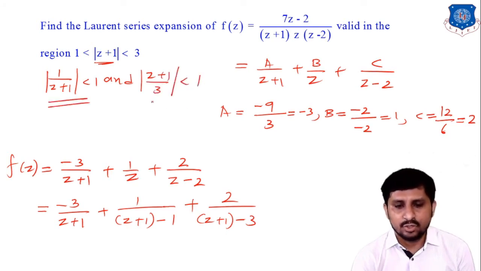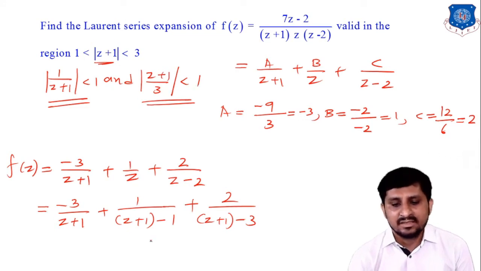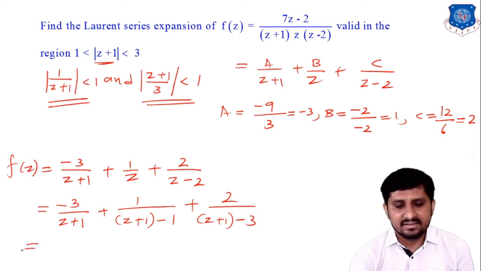Now I want to use these two equations: mod 1 upon z plus 1 less than 1 and mod z plus 1 by 3 less than 1. So z plus 1 can be common here. Let's write on the next page so you can easily understand.